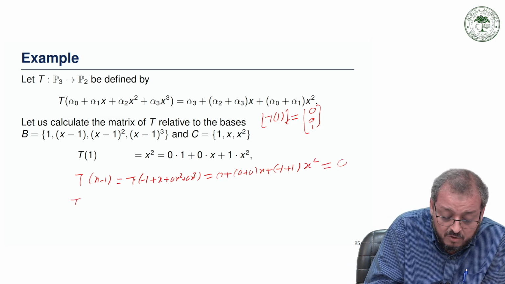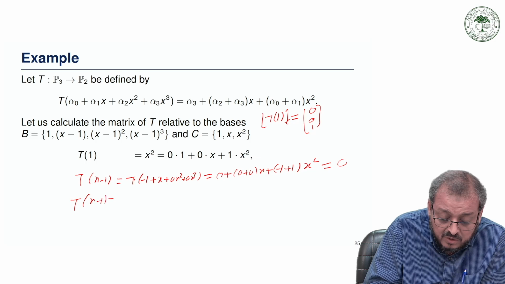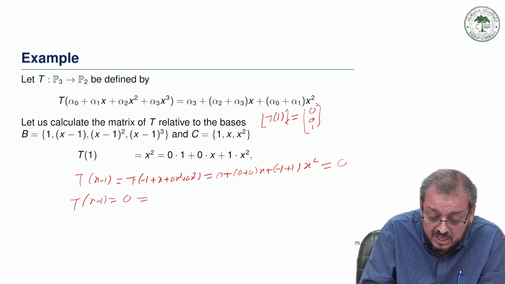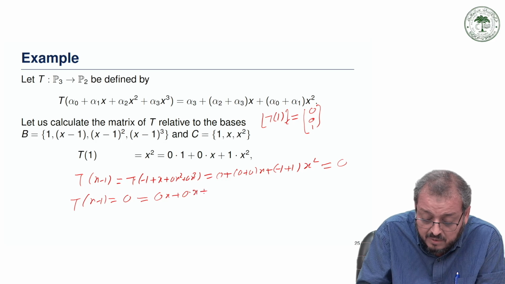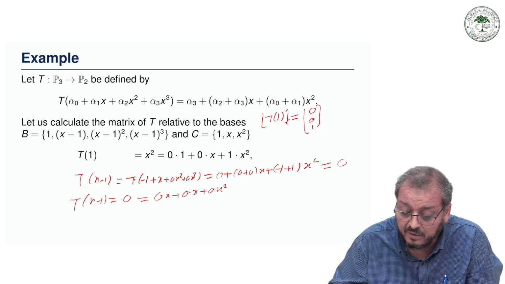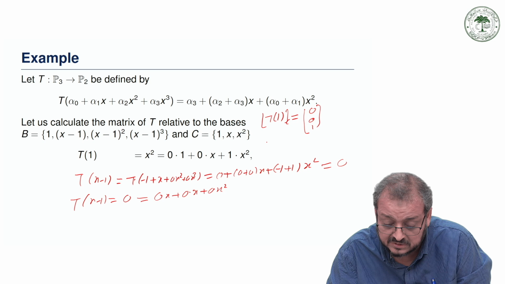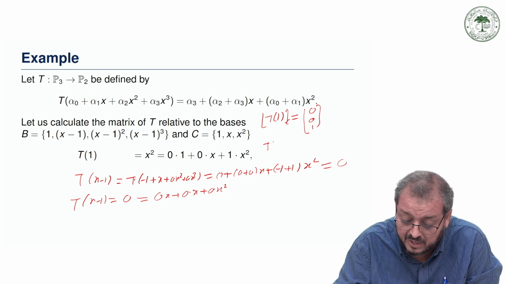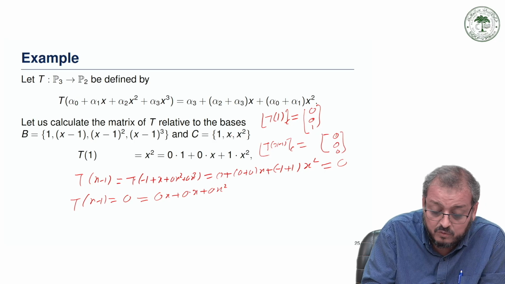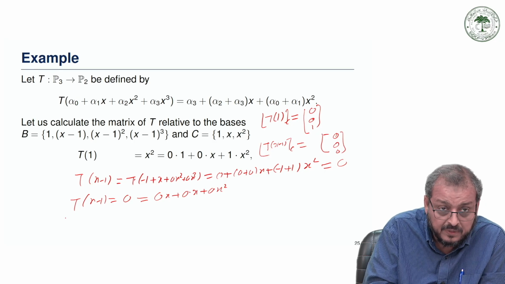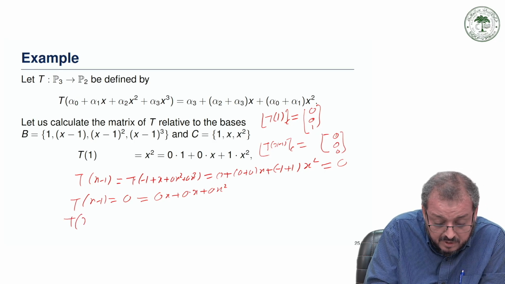So T of x minus 1 is 0 into 1, 0 into x plus 0 into x square. Similarly, T of x minus 1 over C can be written as the column 0, 0, 0.